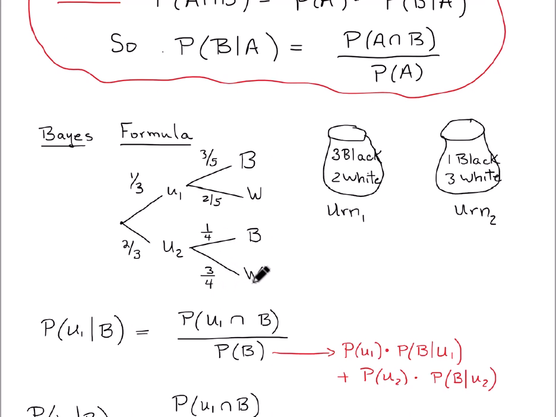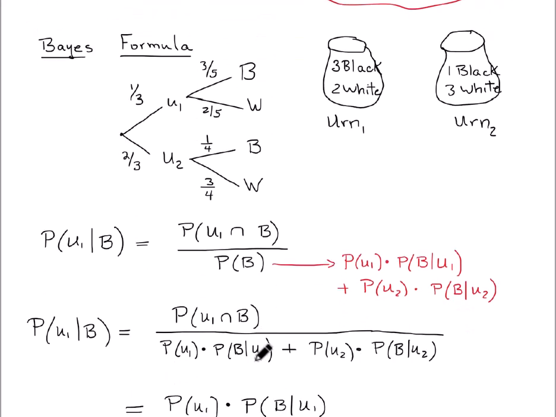So what if I wanted to find the probability of urn 1 given black? Well, what is that? Well, go back to this formula. So to find it, I need the AND of this and divide that by the probability of B. Okay, see, it's the second part there. Well, the probability of B, remember, I had to go down all the branches that led me there.